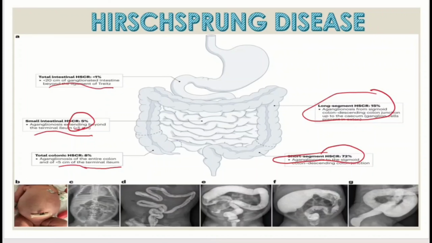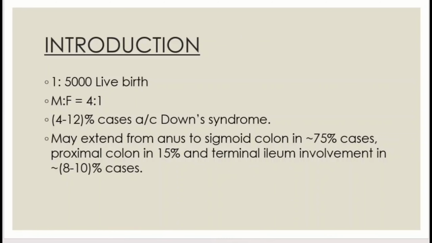Now, coming to the incidence of Hirschsprung disease, it is seen in 1 in 5,000 live births. Males are commonly involved. Male to female ratio is 4:1. But for long segment Hirschsprung disease, the ratio is almost 1:1. 4 to 12% of cases are associated with Down syndrome.